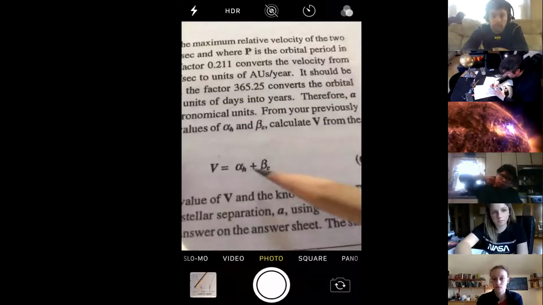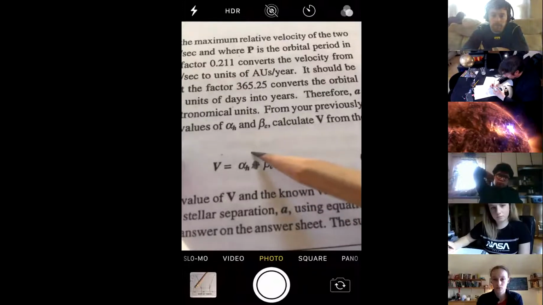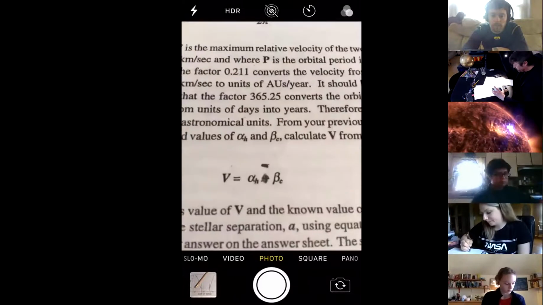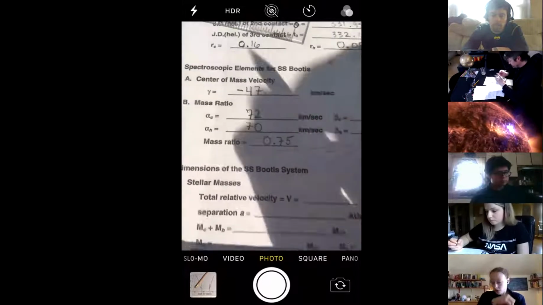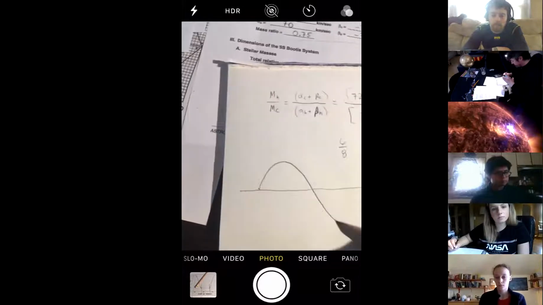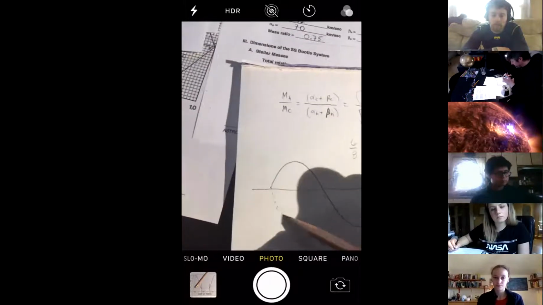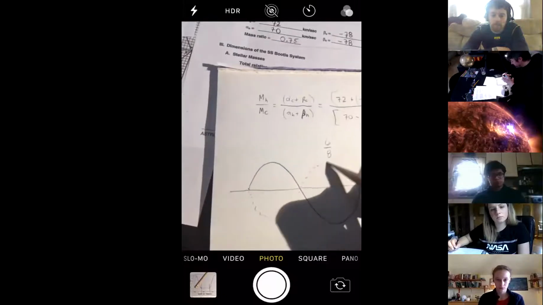Now comes the big kahuna. We have to get the total relative velocity. Here, the book made a major error. If you keep track of your negatives, it's supposed to be alpha hot minus beta cold. But there's something I don't like about this. Do you see how alpha hot is actually less than alpha cold? If you think about the velocities, you've got one going up and the other going down, and then the other one going down and then up.